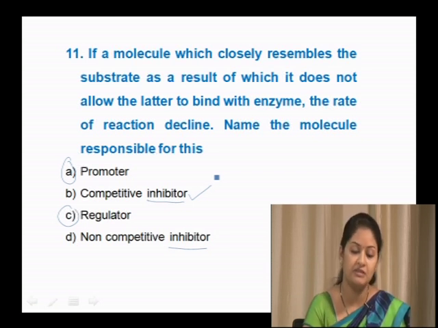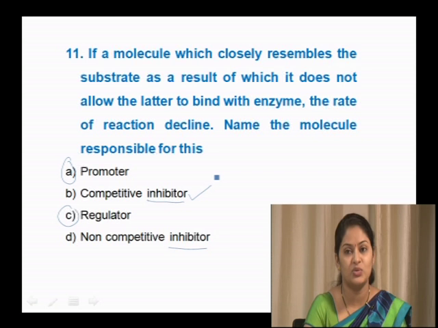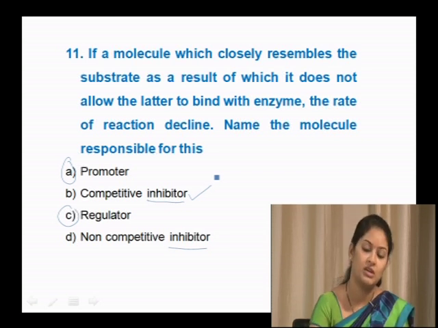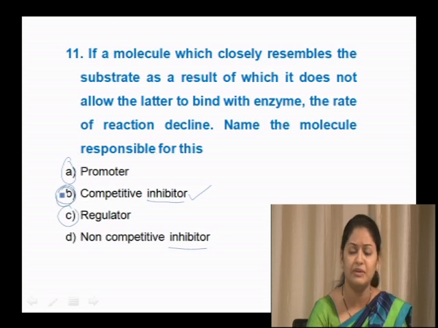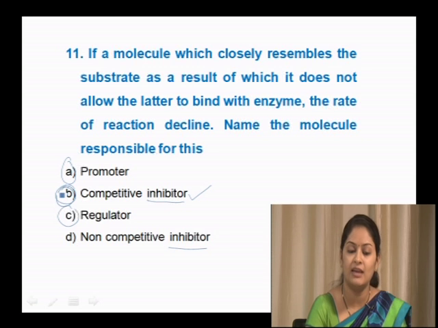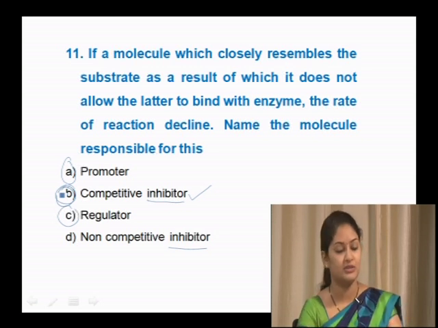Whereas non-competitive inhibitors are the kinds of inhibitor which associate to any part of the enzyme, whether it is associated with substrate or not. So the answer for this particular question is option B. The question clearly says that the molecule should closely resemble the substrate and it should not allow the latter, the substrate, to bind with the enzyme. So that molecule is competitive inhibitor. So answer for this is B.